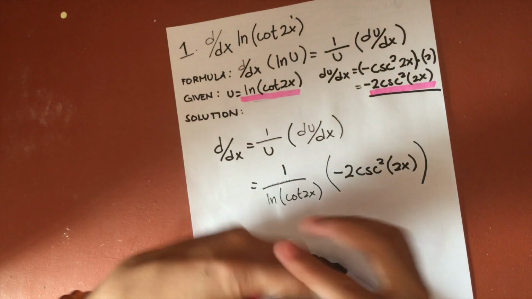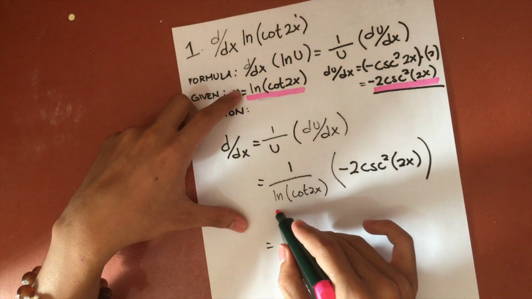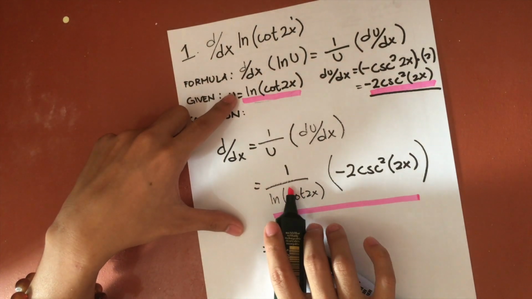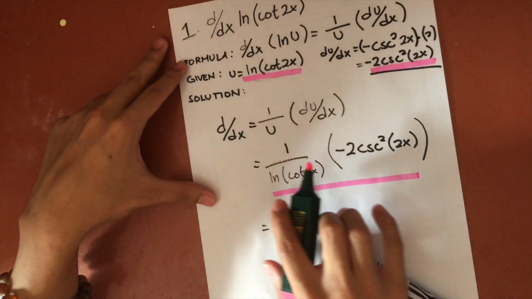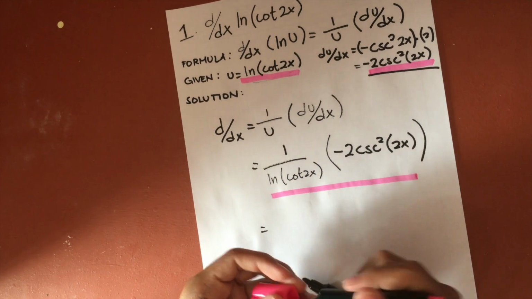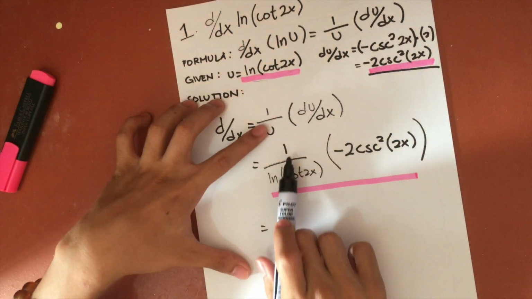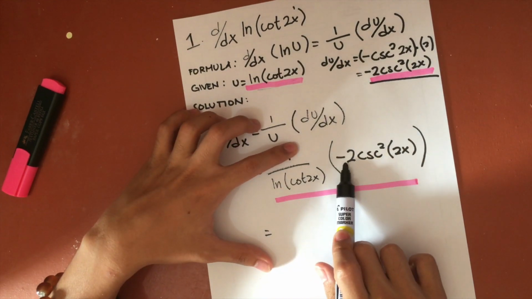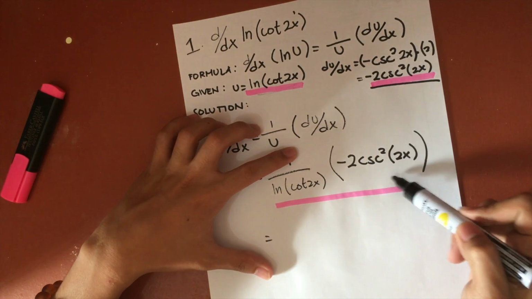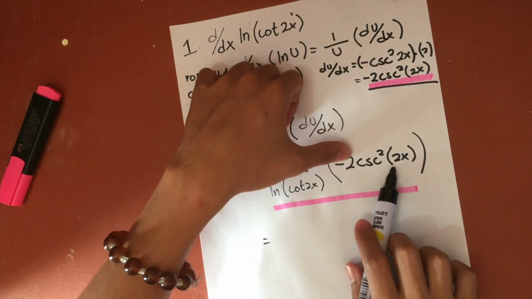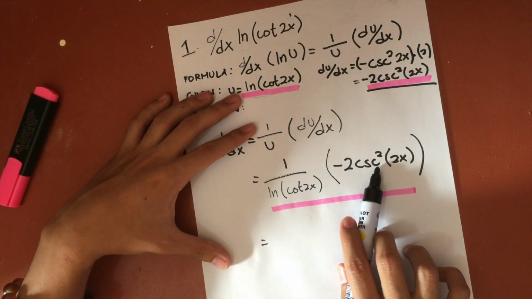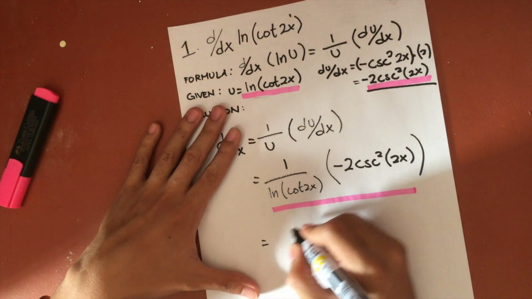Now, you already have the answer, but you can also simplify this equation. So 1 times negative 2 cosecant squared quantity 2x, you just copy this and put it in the numerator.